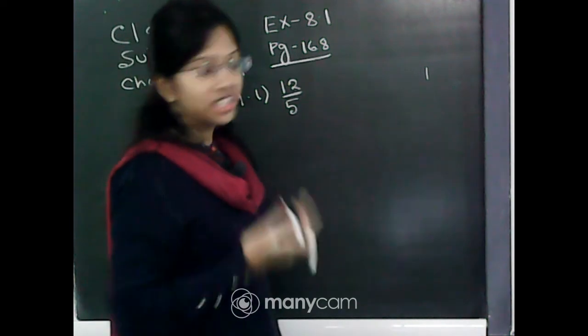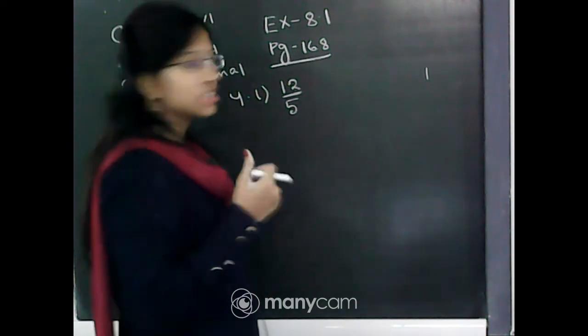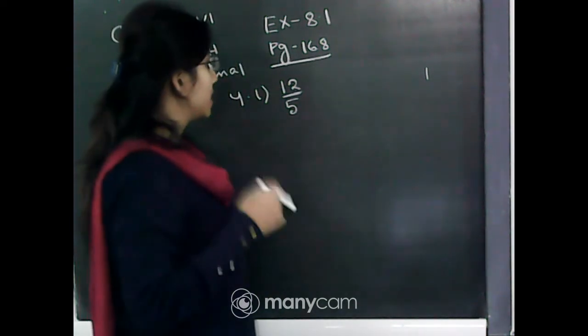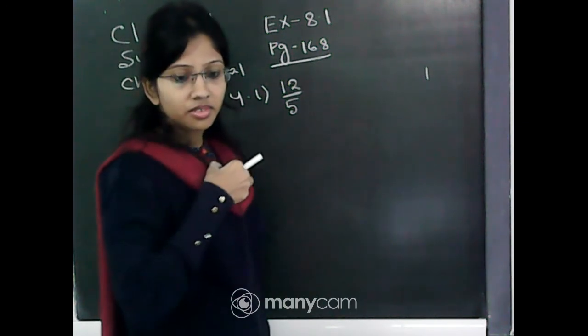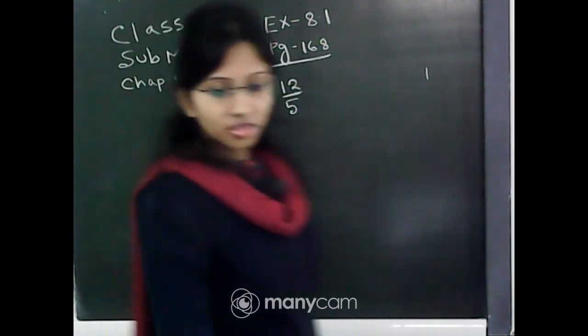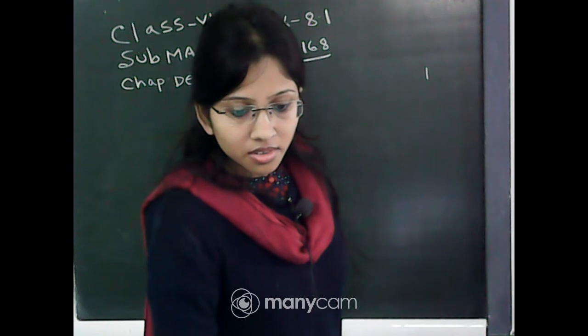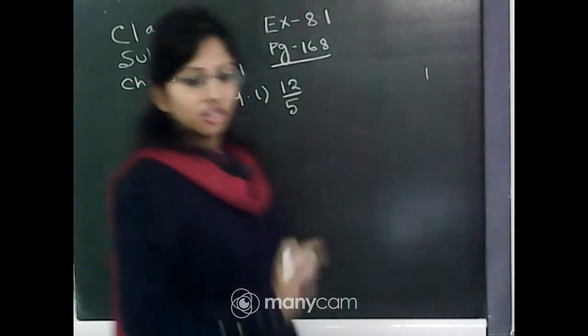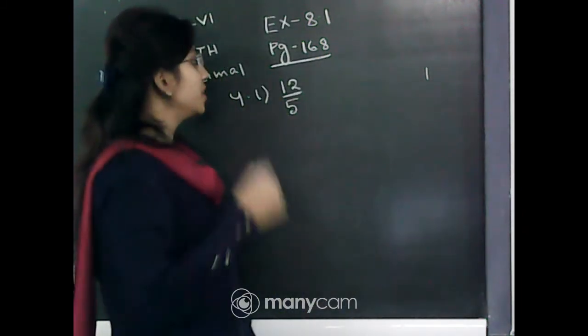For writing in decimal notation, the denominator should be 10.